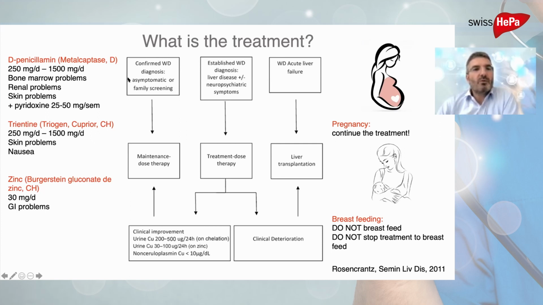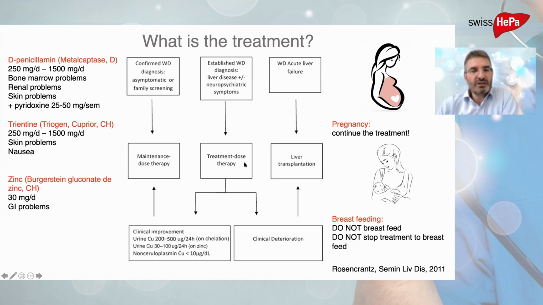If Wilson's disease is confirmed, we have maintenance therapy, and we adjust this therapy according to the quantity of copper that is excreted in the urine. If there is an established Wilson's disease with liver disease and or neuropsychiatric symptoms, then we have a treatment dose therapy.